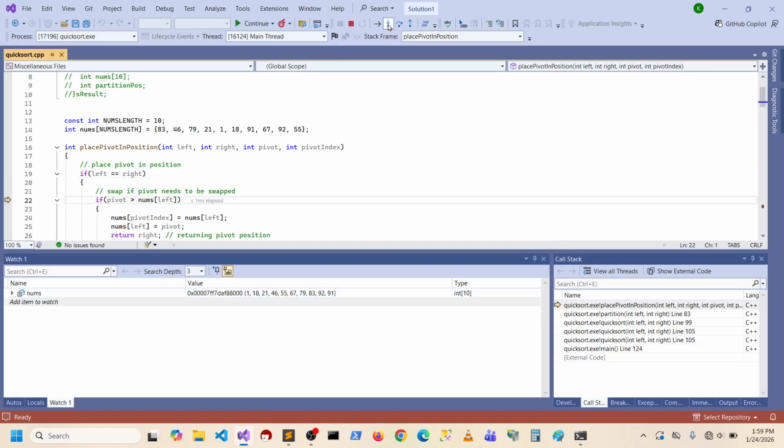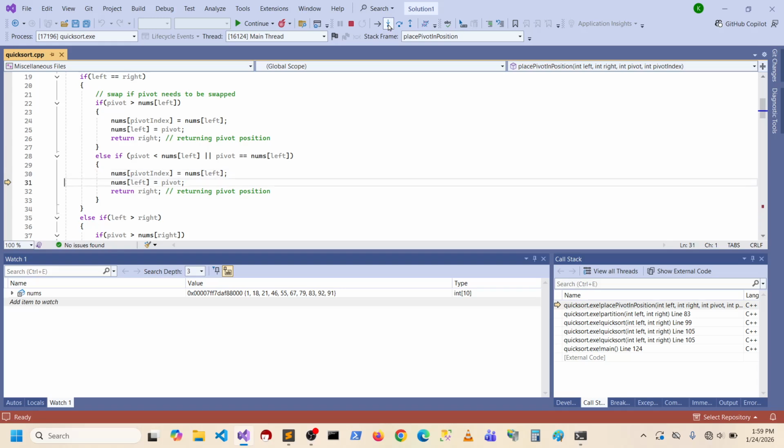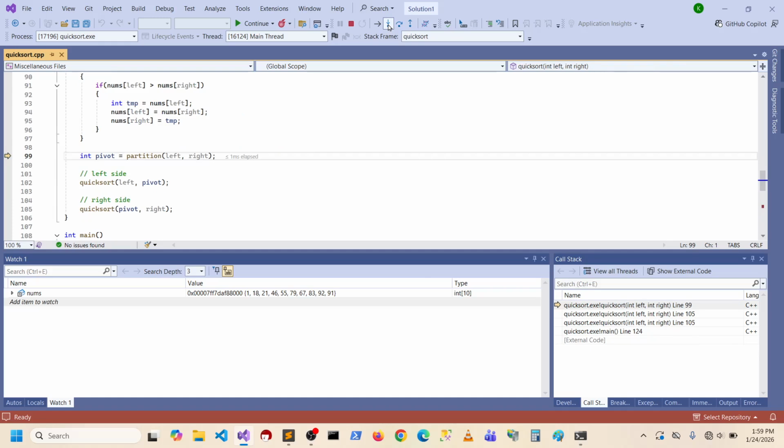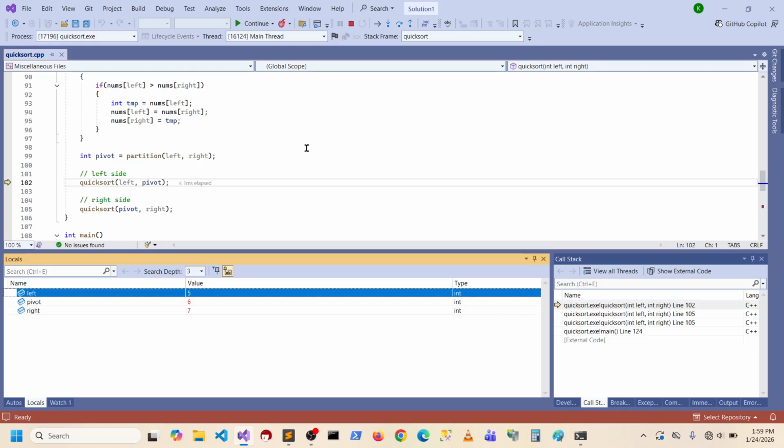Okay, we need to get past this. So why did it switch on that? Why did it do that? Didn't it switch those? Dang it, I wasn't paying attention. 5, 6, 7.